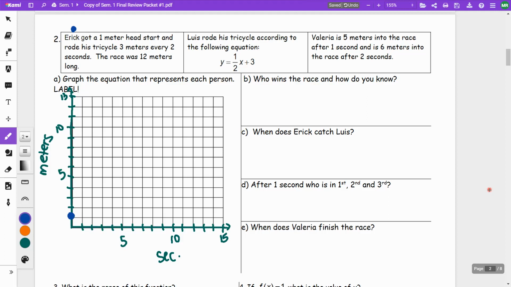And he rode his tricycle 3 meters every 2 seconds. So from here, I'm going to go up 1, 2, 3 over 2. Let me make that a little fatter. 1, 2, 3 over 2, and I'm going to keep doing that. 1, 2, 3 over 2. 1, 2, 3 over 2.